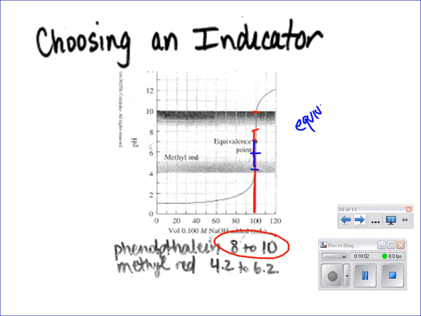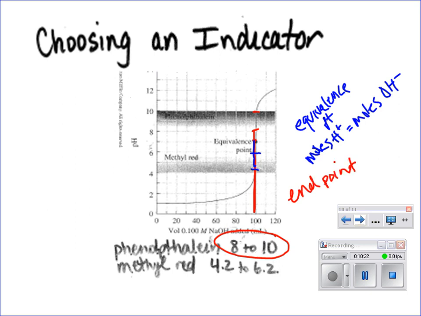Equivalence point is what? Again, repeat. When the moles are equal, correct. There's a term that you're going to hear a lot, and a lot of people I hear talking get them confused. There's something called endpoint. The endpoint is when the indicator changes color.